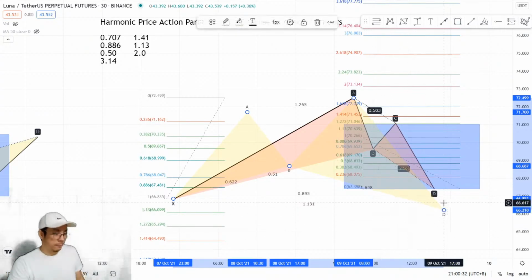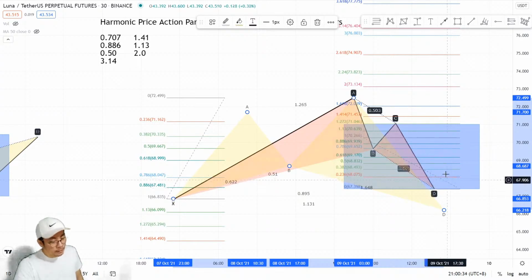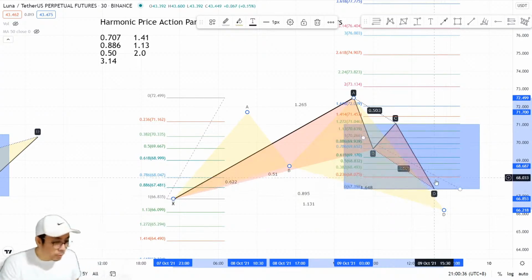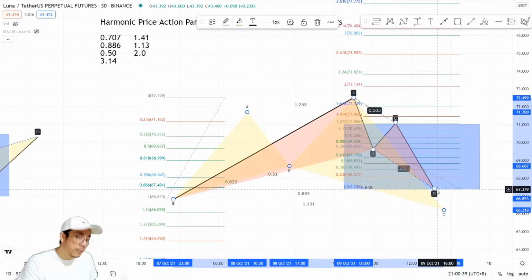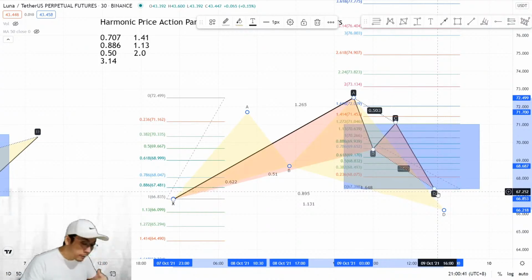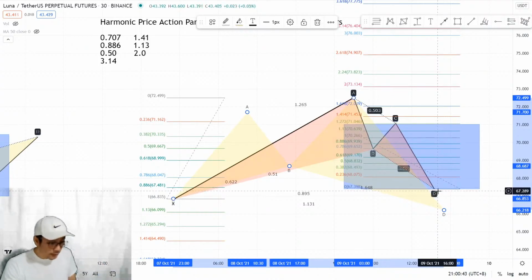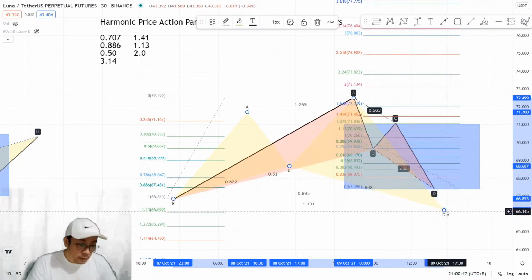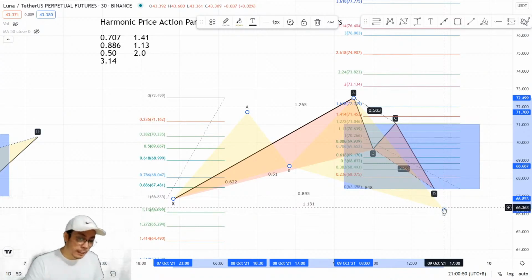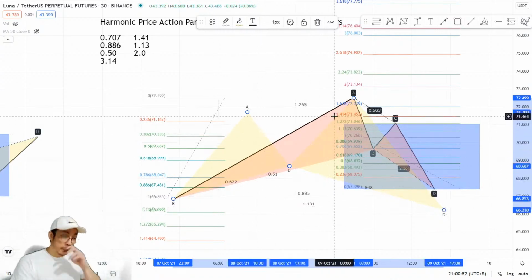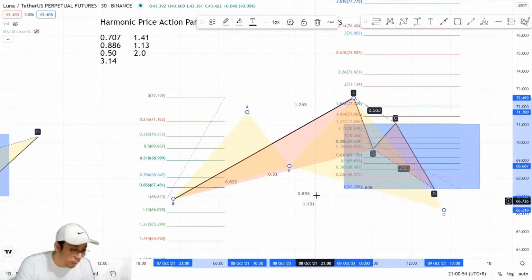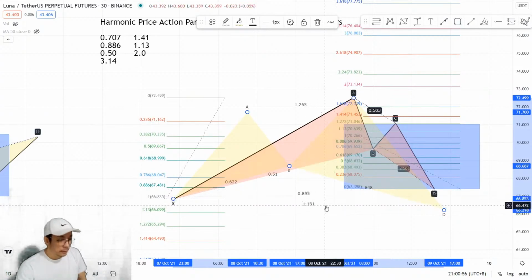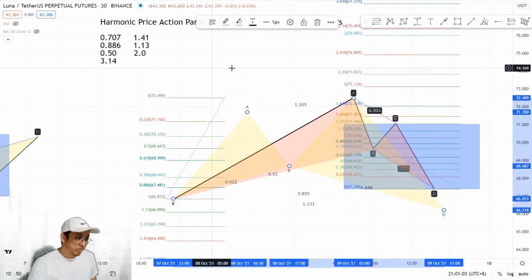So if it didn't reverse at this one, then we should get ourselves prepared just in case it didn't reverse here. Maybe there could be a reversal at the alternate version of this chart pattern. The 1.13. Any questions so far about this one? Okay, and so on and so forth.